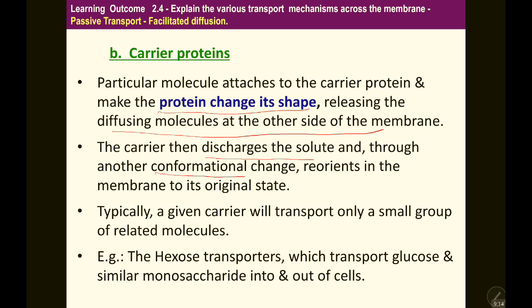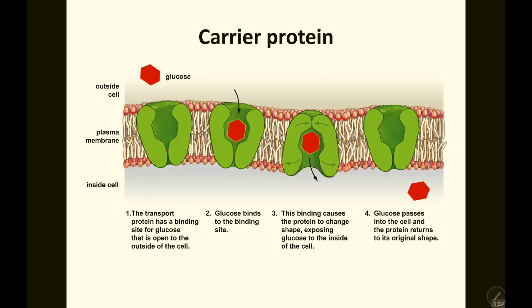Conformation means the shape, so that it can go back to the original state. This carrier protein only transports a small group of related molecules, for example hexose transporters. Hexose here means the 6 carbon sugar, so they can transport glucose or some monosaccharides in and out of the cells.